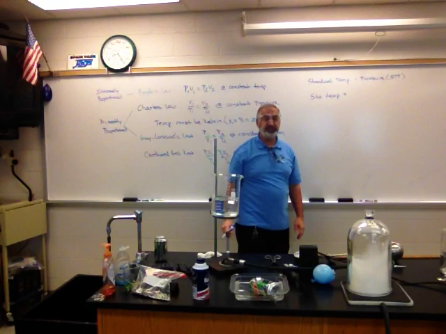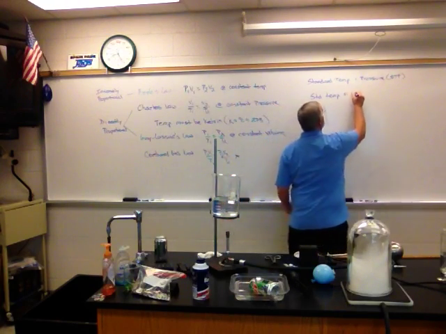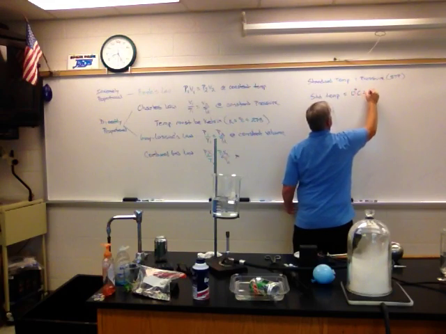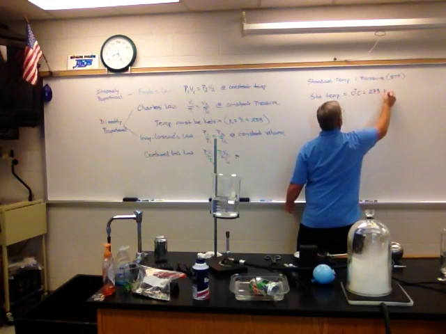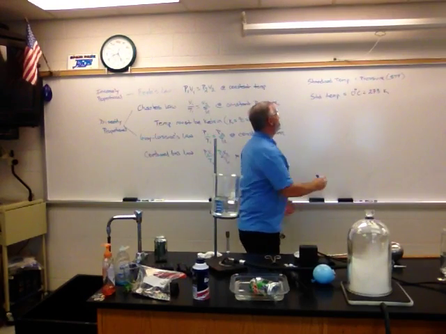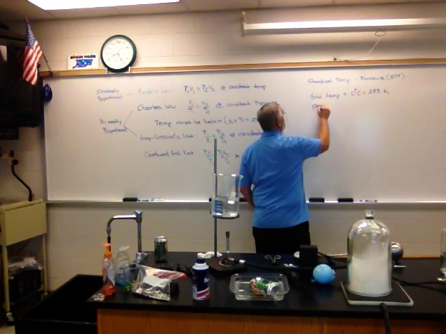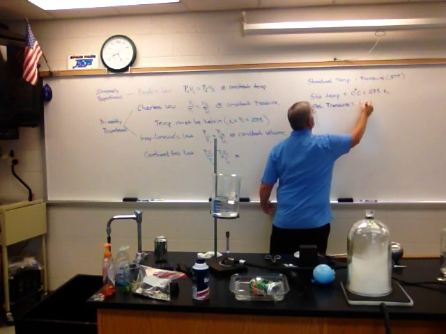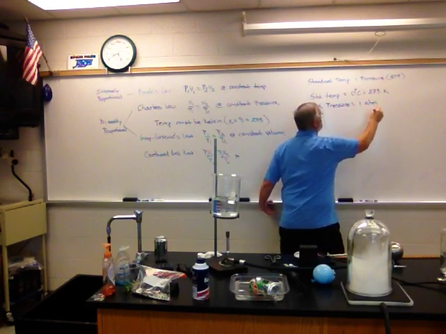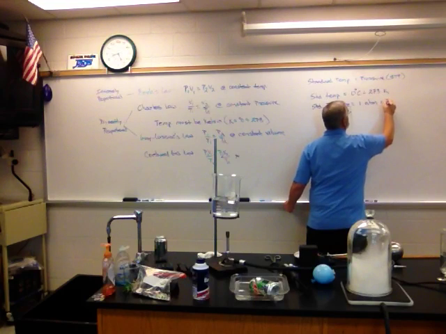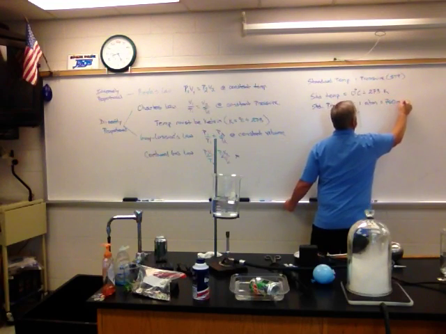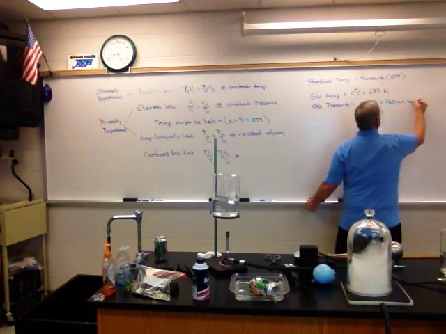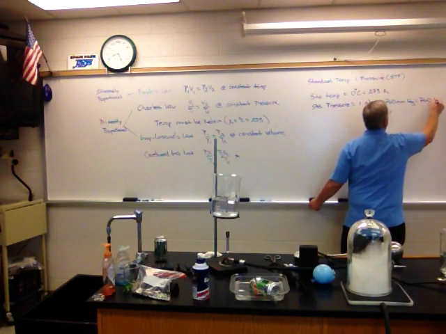What is standard temperature? 273, at 0 degrees Celsius, which is equal to 273 K. That's standard temperature. What's standard pressure? 1 atmosphere. And how many millimeters of mercury is that? 760, which is the same as 760 torr.